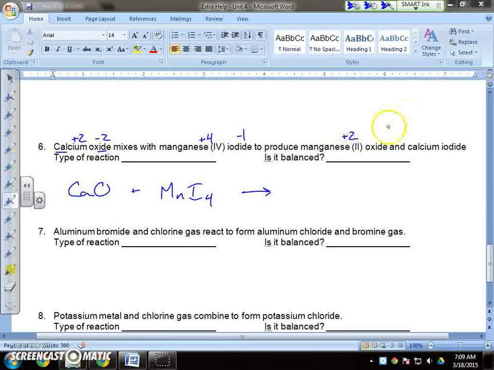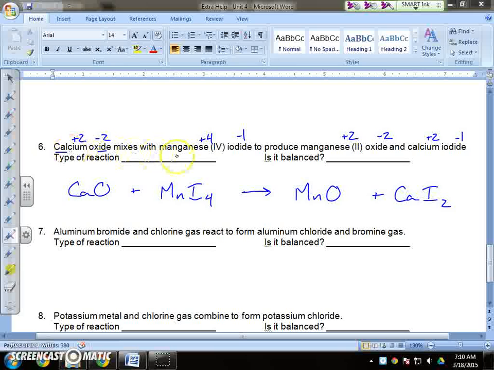I've got a 2 here, oxygen is going to be a -2, so I'm going to end up with MnO, and calcium iodide. Calcium is going to be a +2, iodide's a -1, so we get a CaI2.